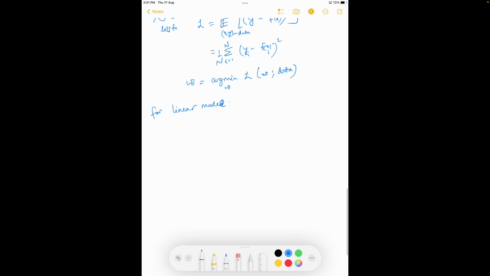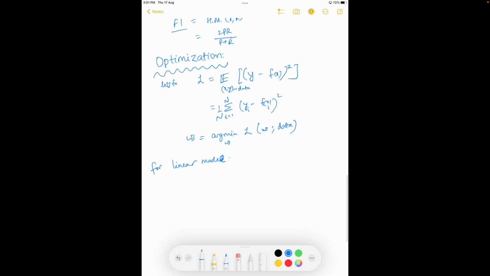For a linear model, look at this average. f(x) is a linear equation, and L is a function of W, and L is what kind of function? Quadratic in W, right? And can you find the minimum of L with respect to W if L is quadratic in W? How?